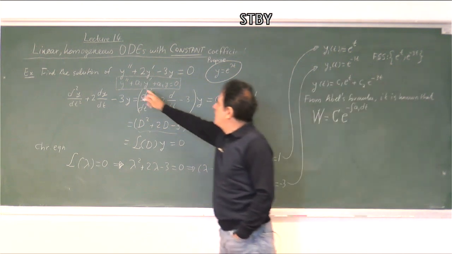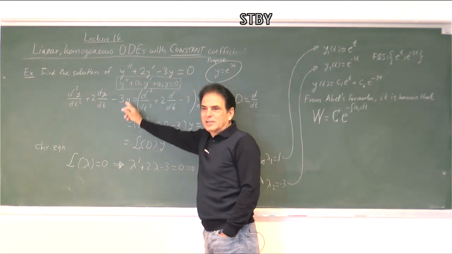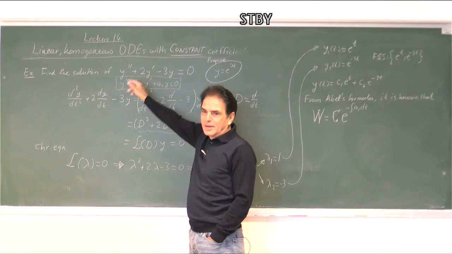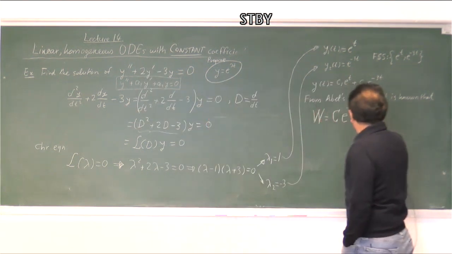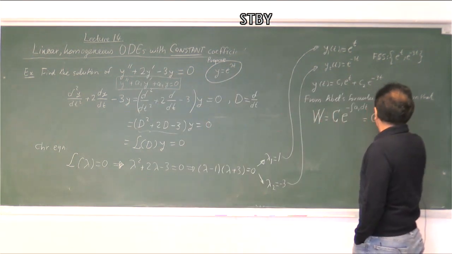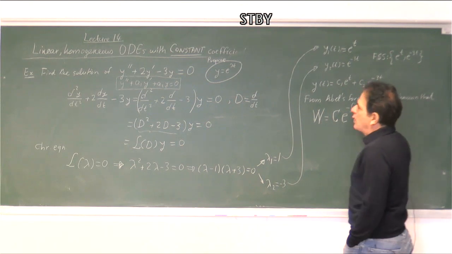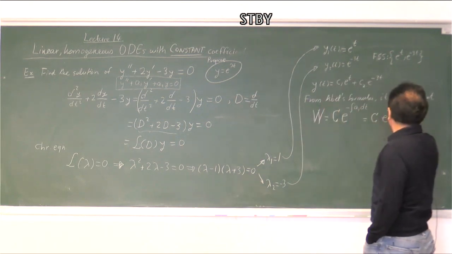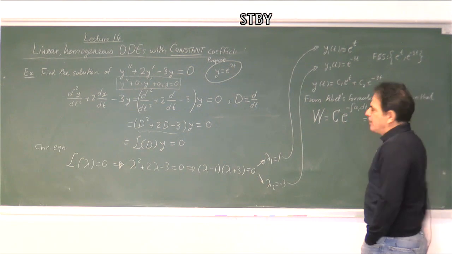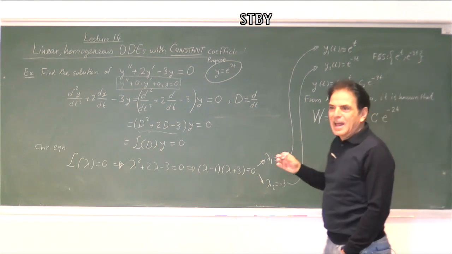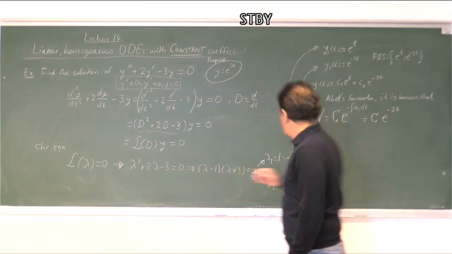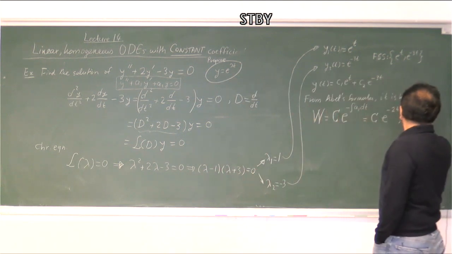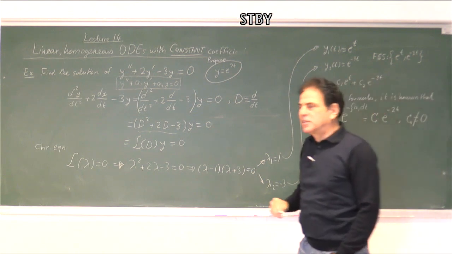Yes, a1 is 2 in this case, the coefficient of y prime. For a second order ODE, so it must be e to the power minus 2t. And for a linearly independent pair of two solutions, we have to find C, which is non-zero.